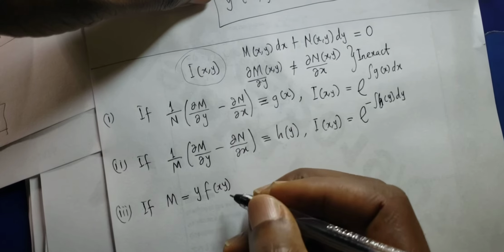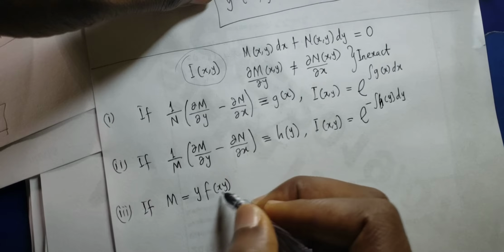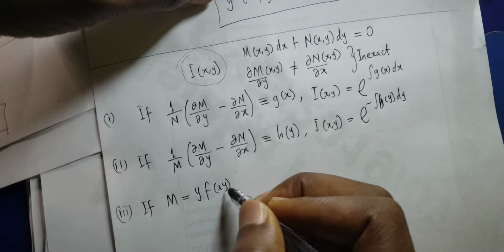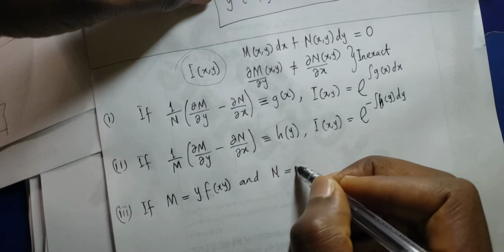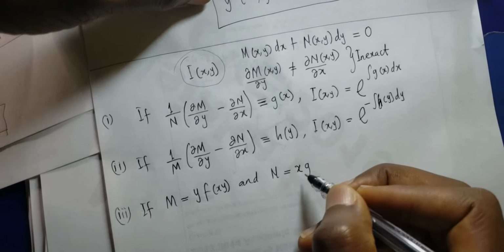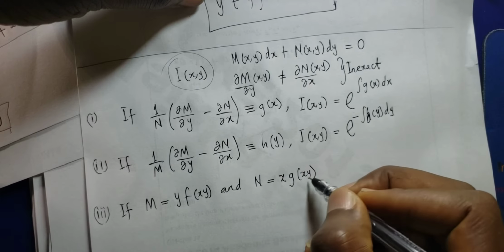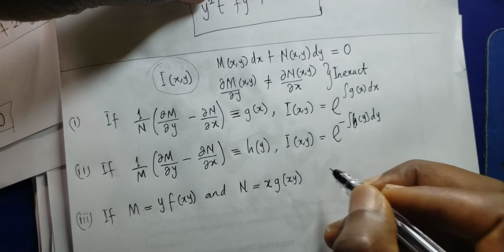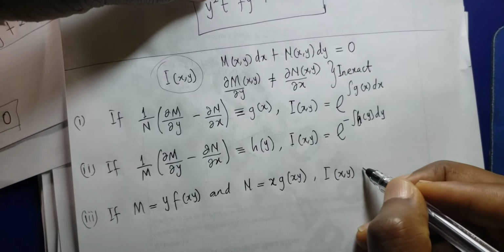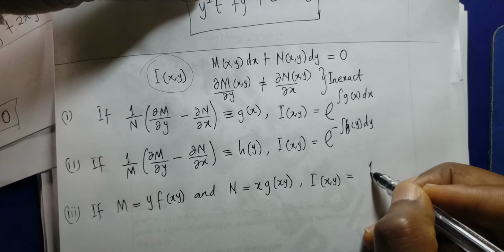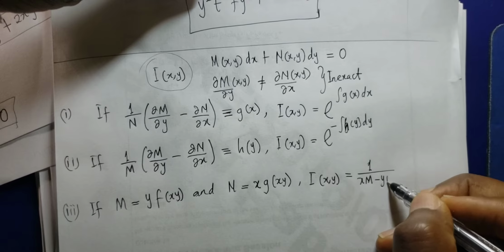If M can be written as y multiplying some function that depends only on xy, and N can also be written as x multiplied by some function that only depends on xy, that is, has only xy as its variable, then we can get our integrating factor I of x comma y, which is given by 1 over xM minus yN.